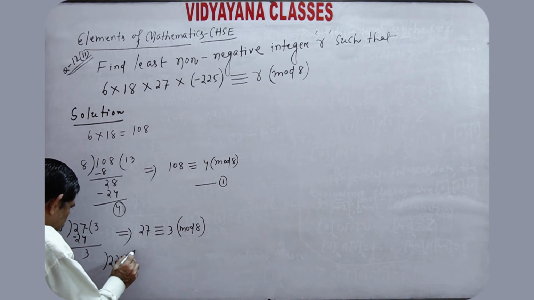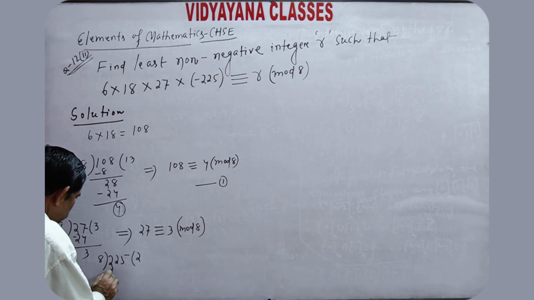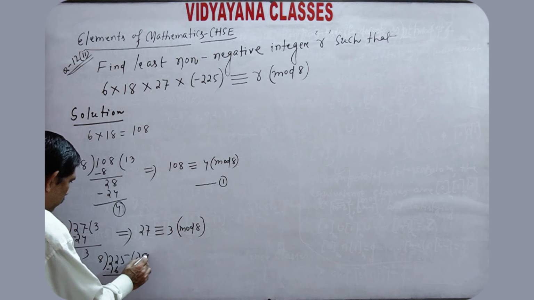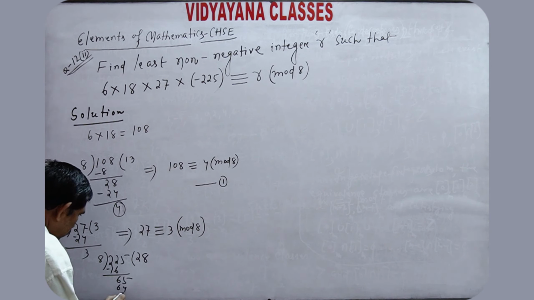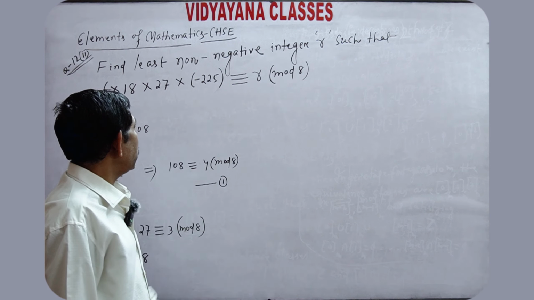Now 225 divided by 8. Dividing 225 by 8, the quotient is 28 and the remainder is 1. But it is given as minus 225.